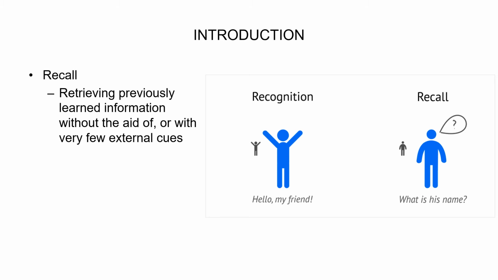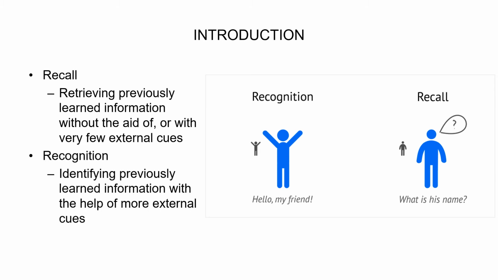This is more of, let's say I want you to retrieve information that you have about the state of Idaho. I've given you the cue of Idaho, but that is the only external cue you have. Now you might be thinking various different things, potatoes, Mormon church, various different things like that. But those are different things that you're recalling with very little external cues.